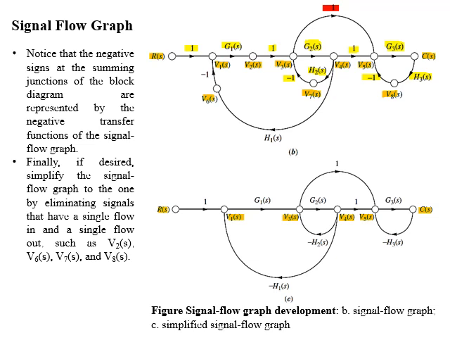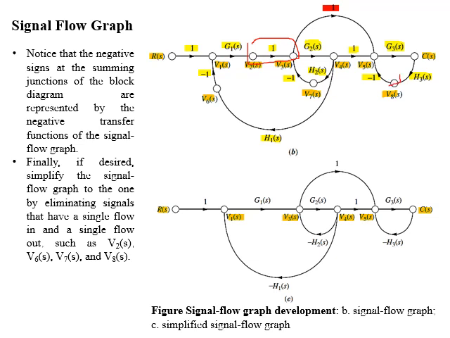And lastly, the V4(S) node will be connected to V6(S) with branch gain H1(S), and the V6(S) node will be connected to V1(S) with branch gain -1. Now after completing this representation, we will look at whether any further simplification is possible or not.